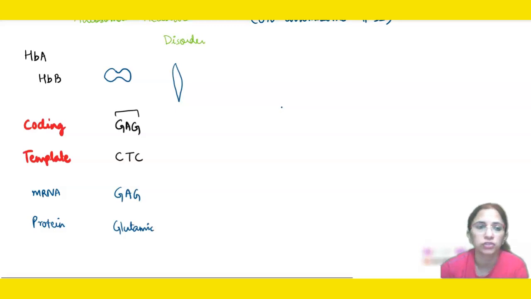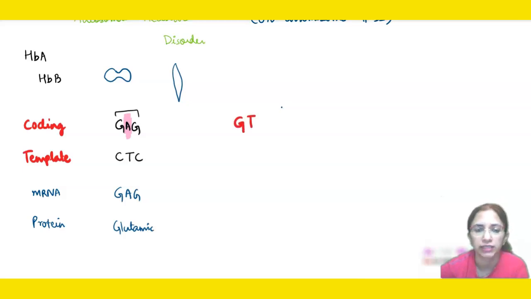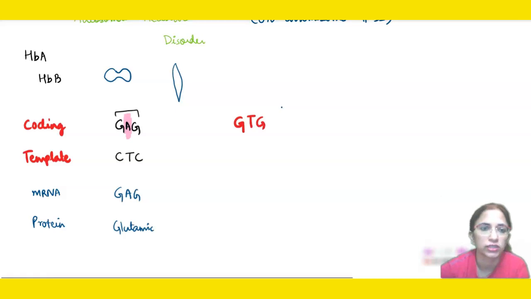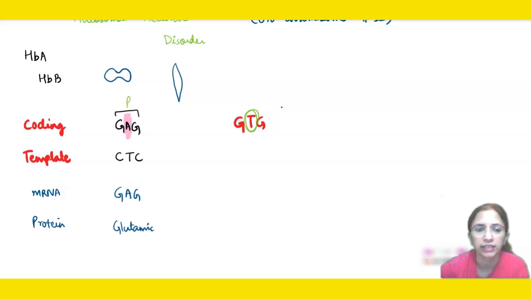Now what actually happens in the people who suffer from sickle cell anemia? This A is replaced by T. The rest of the sequence remains as such. So this base in between has changed to T. Remember, here A is an example of a purine and T is an example of a pyrimidine.